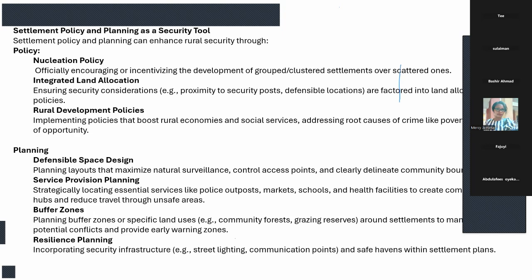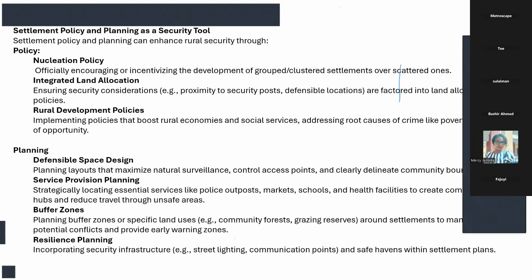Okay, so we have the tools, or ways, that can be followed to improve the security of these areas. Number one, we have the policy and also the planning. Under policy, we have the nucleation policy that encourages the development of clusters.